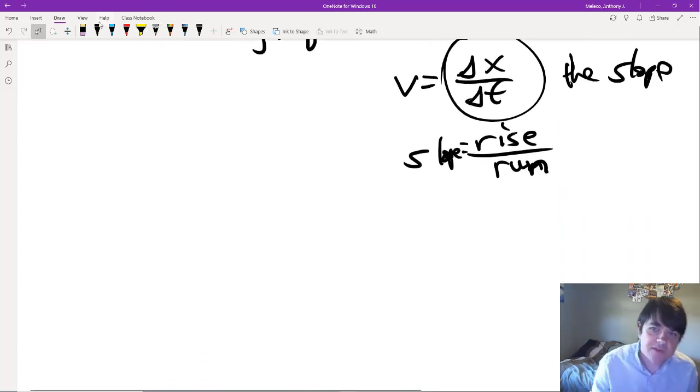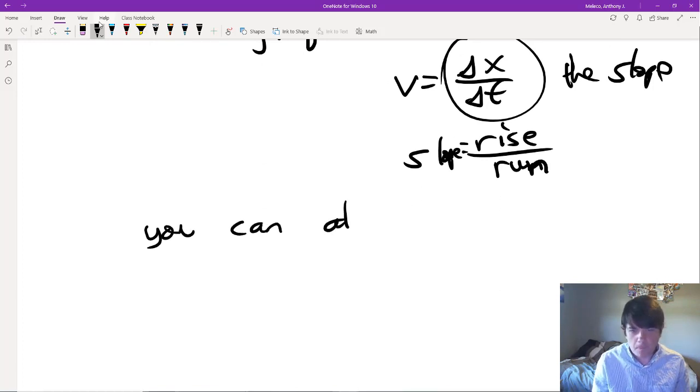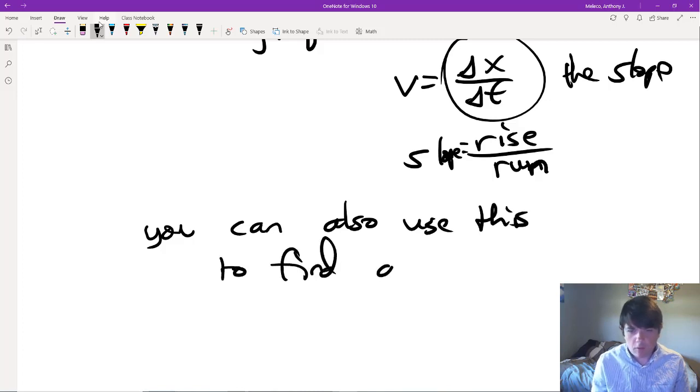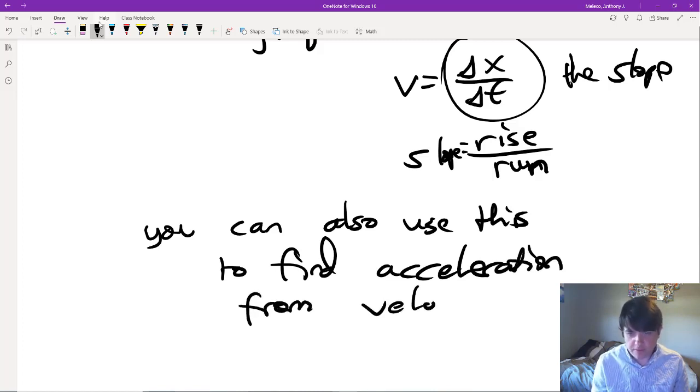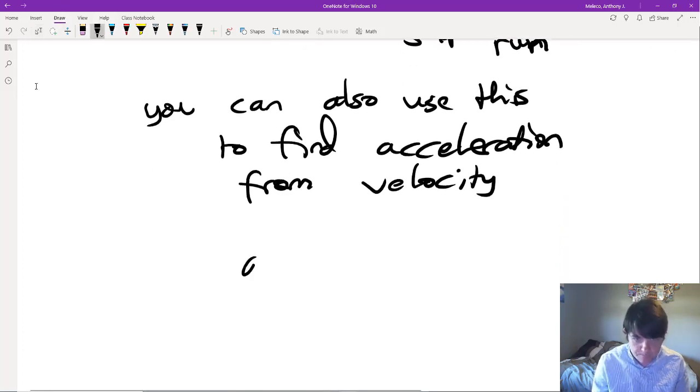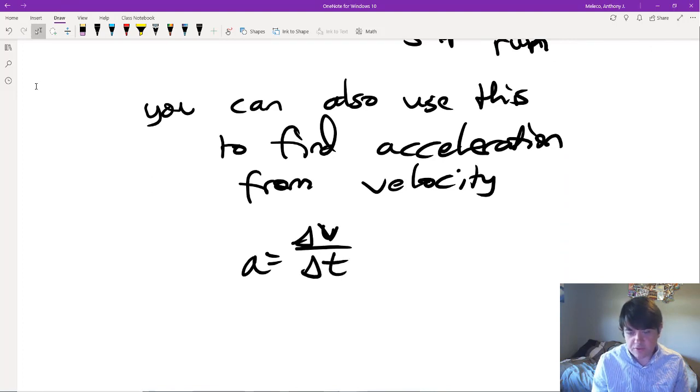You can also use this relationship to find acceleration from velocity, okay? Because acceleration is the change in velocity over the change in time.